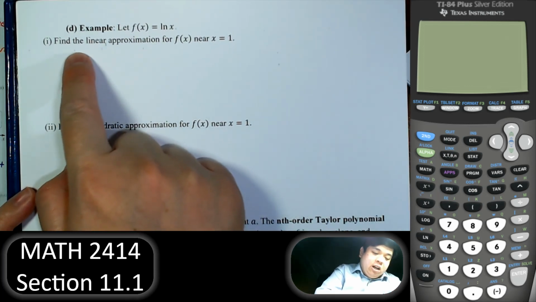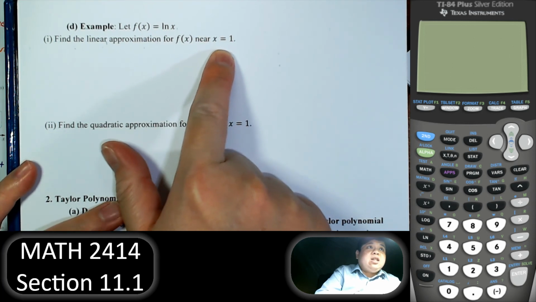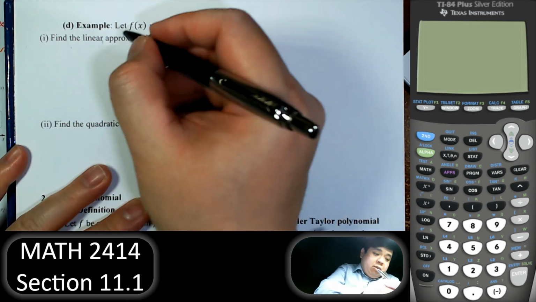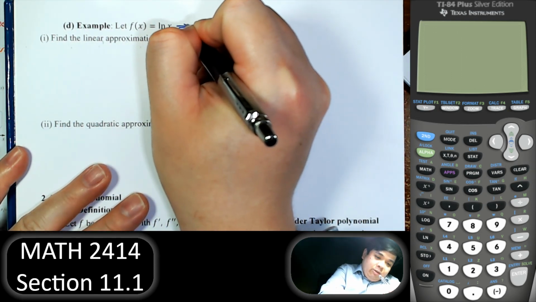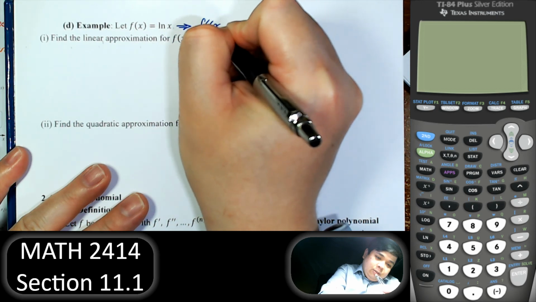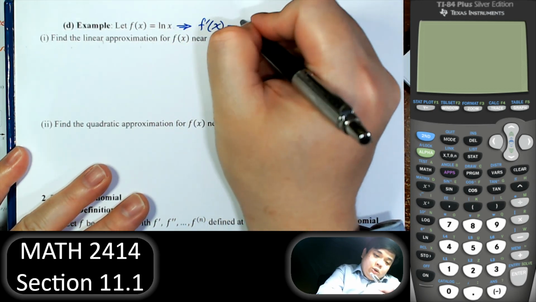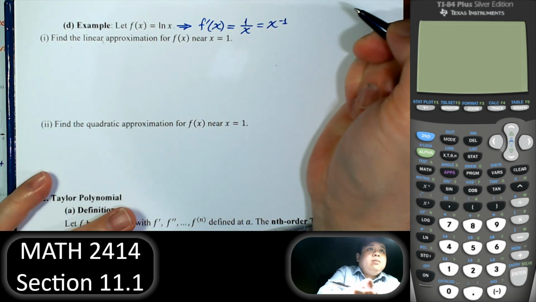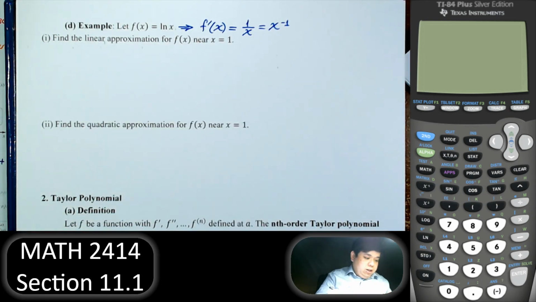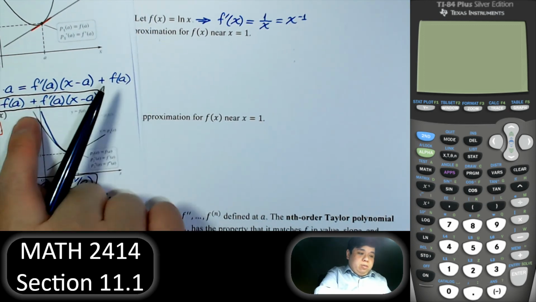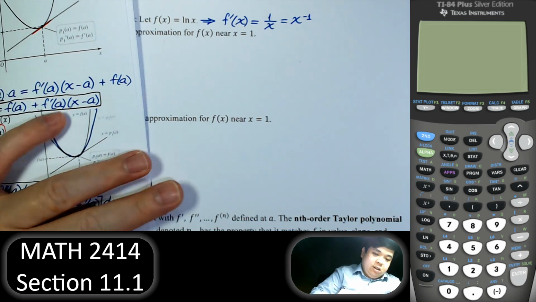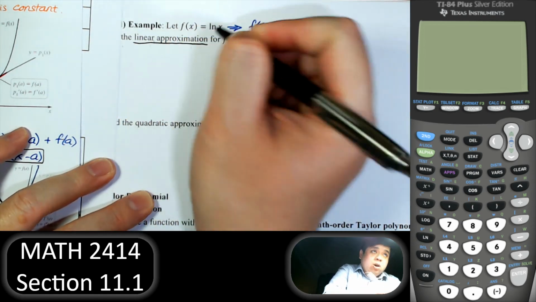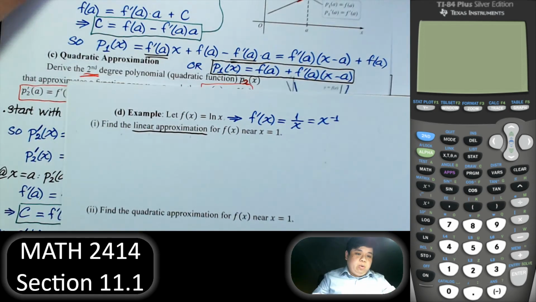Find the linear approximation near x equal to 1 for the function f of x equal to ln of x. If f of x equals ln of x, then the derivative is equal to 1 over x, or x to the negative 1. So the linear equation, the first order approximation, I'm just going to write it out. We did this earlier, and this is what we have.